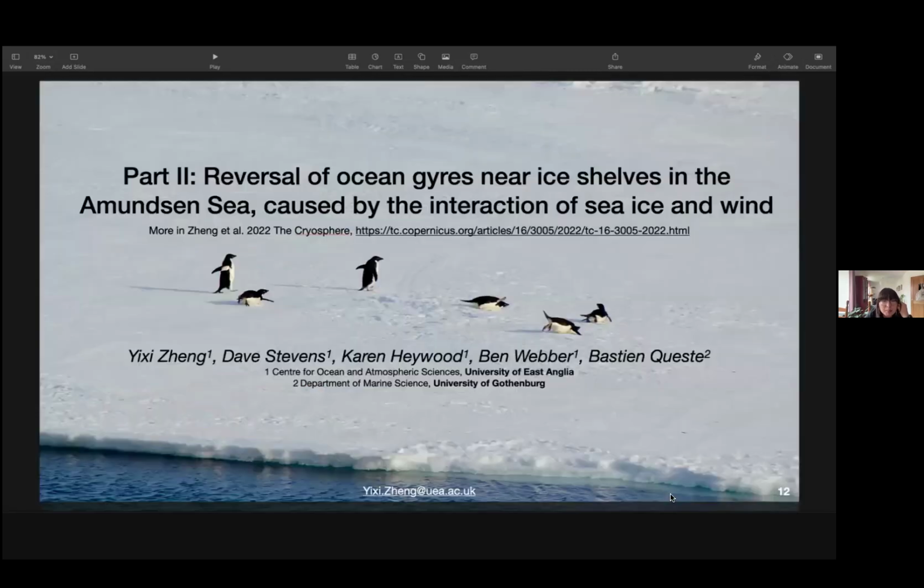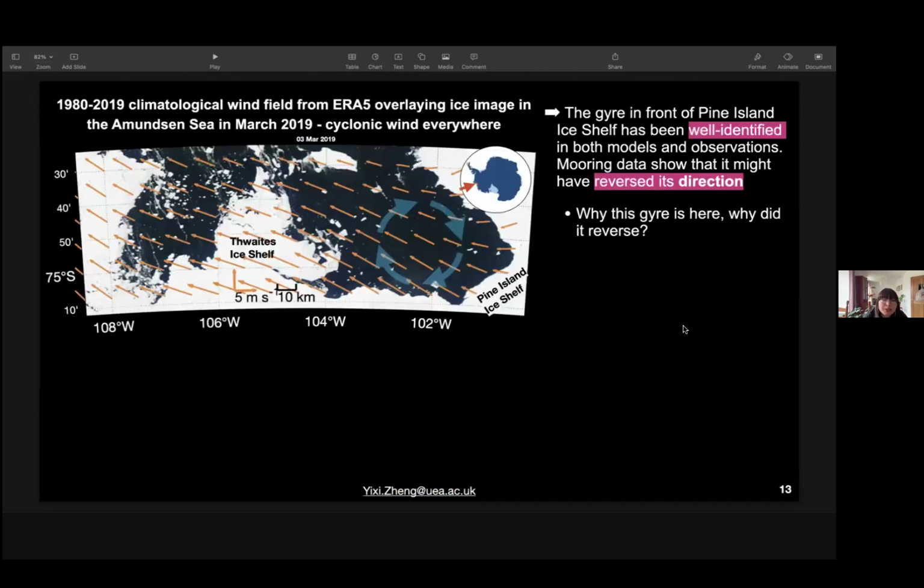And then the second part is the reversal of ocean gyres near ice shelves in the Amundsen Sea, caused by the interaction of sea ice and wind. And again, this part of the work has been published in The Cryosphere, and you are very encouraged to dig more into this. Then we have this one. Why are we doing research about gyres here?